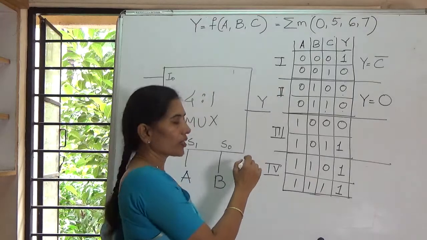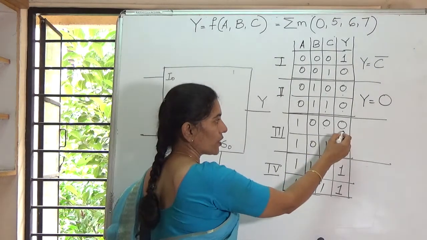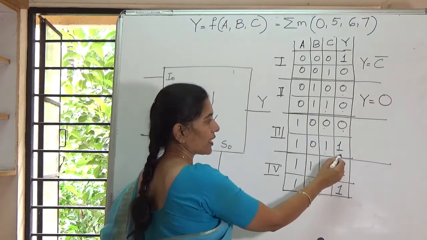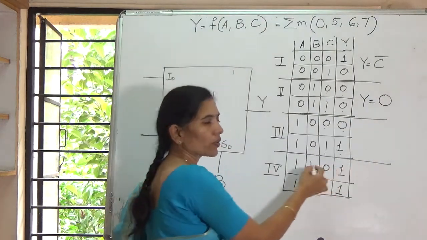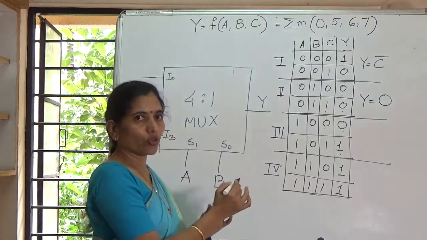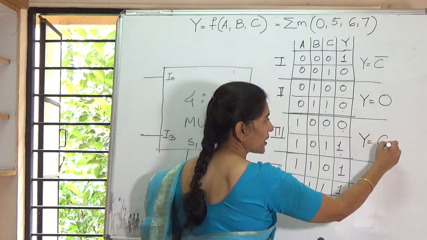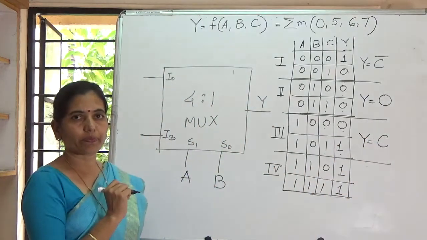If we look at the third group, if C is a 0, Y is a 0. If C is 1, Y is 1. That means in this particular group, whatever is the value of C is to be transferred to Y. Therefore, Y must be equal to C in this group.